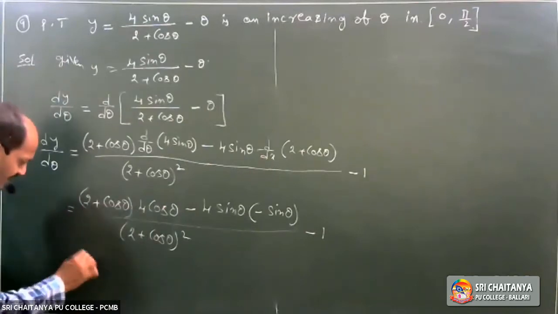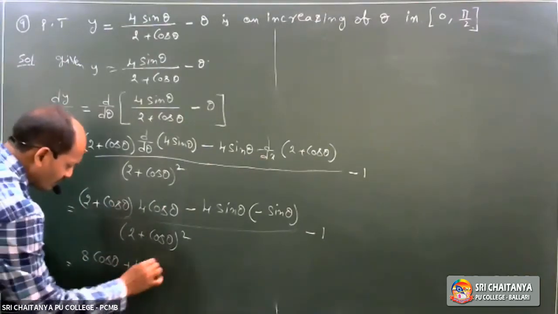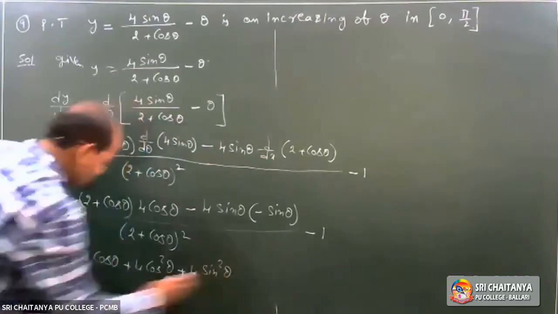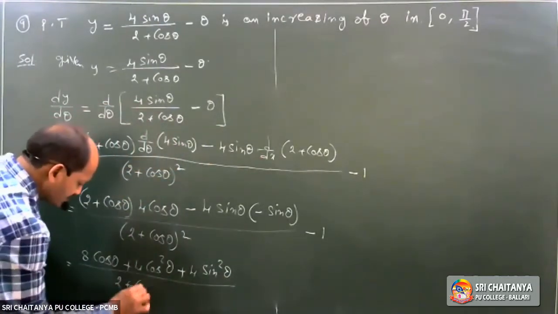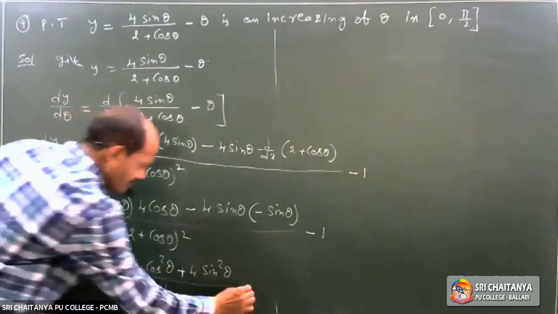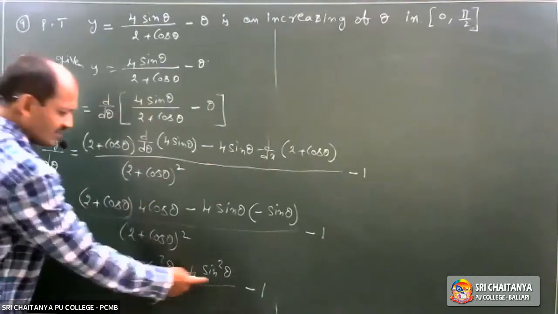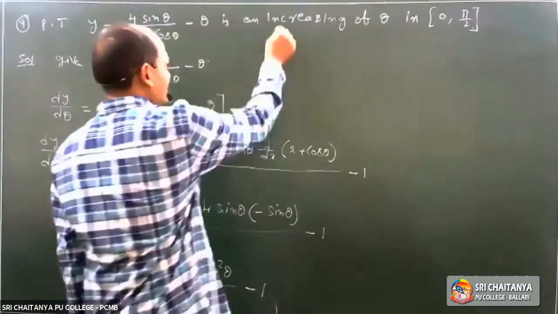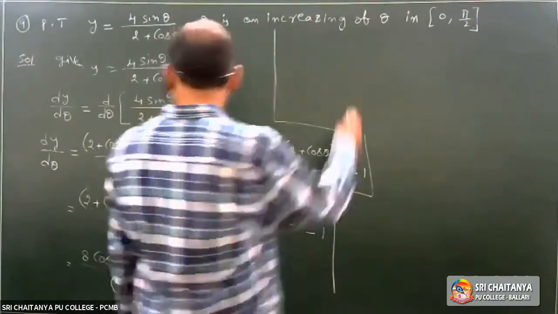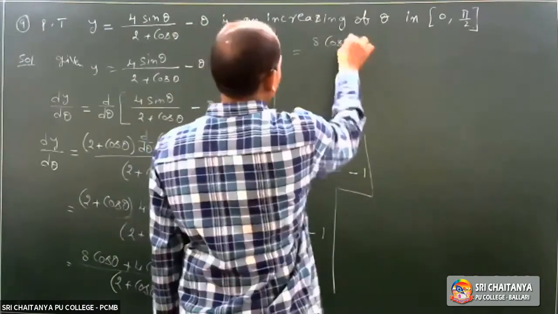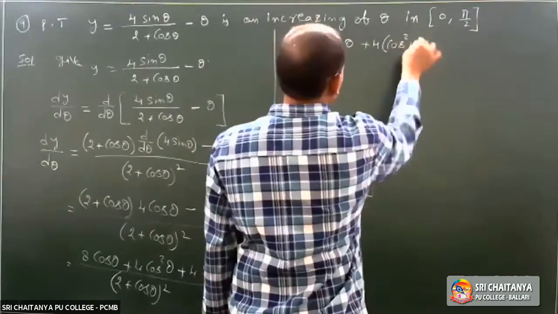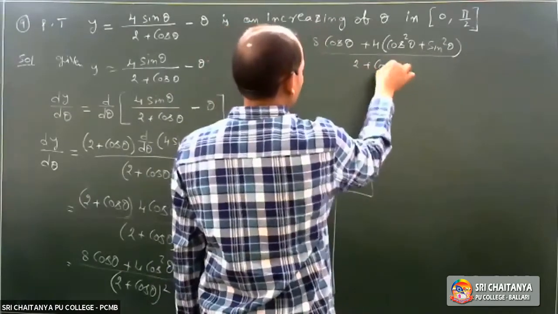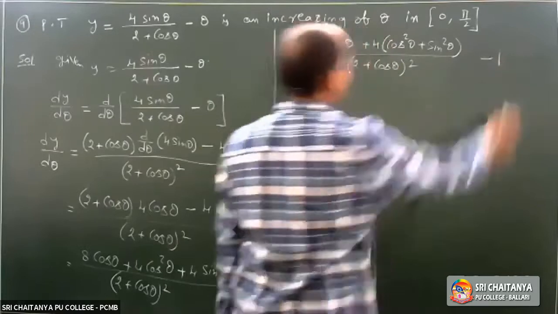Next it is 8 cos theta plus 4 cos square theta plus 4 sin square theta divided by 2 plus cos theta whole square minus 1. 4 cos square plus 4 sin square is 4 into cos square plus sin square, which is 4.